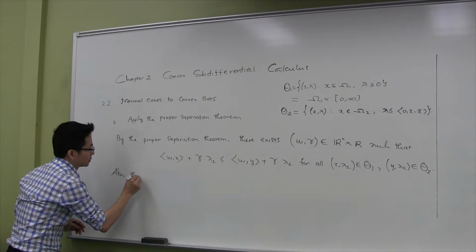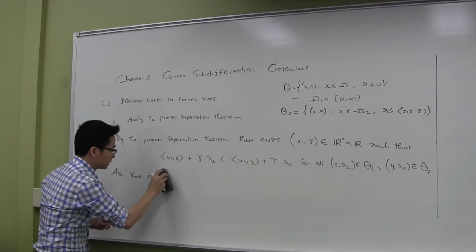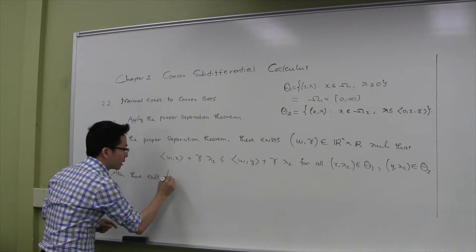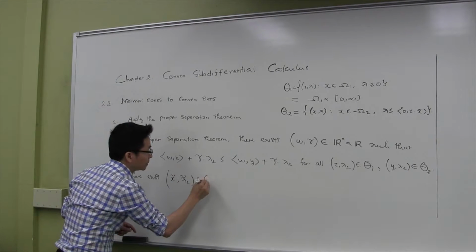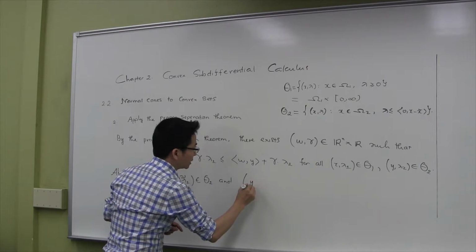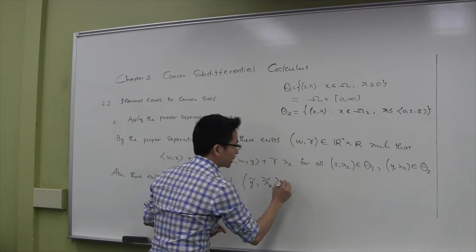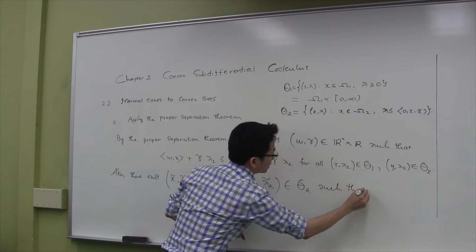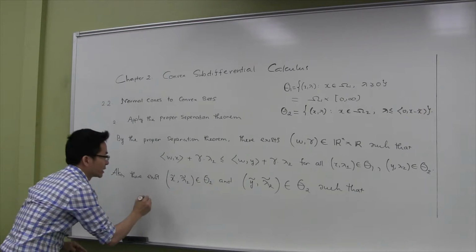And also there exists an element denoted by (x tilde, lambda 1 tilde) in theta 1 and (y tilde, lambda 2 tilde) in theta 2 such that this inequality is strict in the following sense.